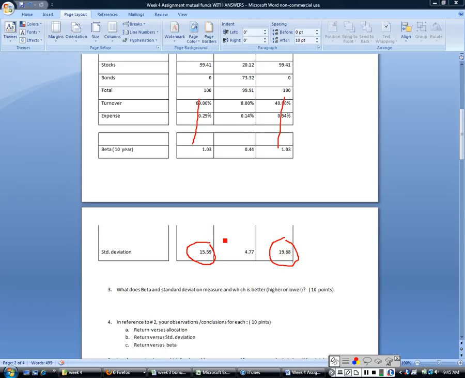So they're basically comparable, but this lower standard deviation will mean a little bit less volatility, if it behaves the same way in the future, since this data is based on historical data. Okay.